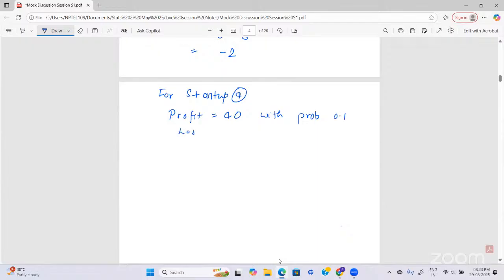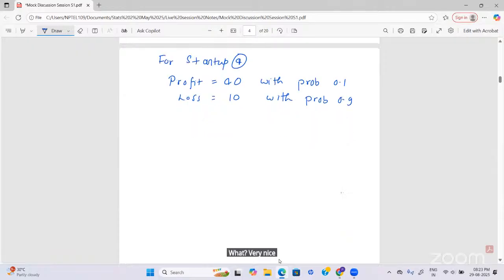And the loss is again the same, 10 with 0.9. So here E4 will be 40 into 0.1 minus 10 into 0.9.